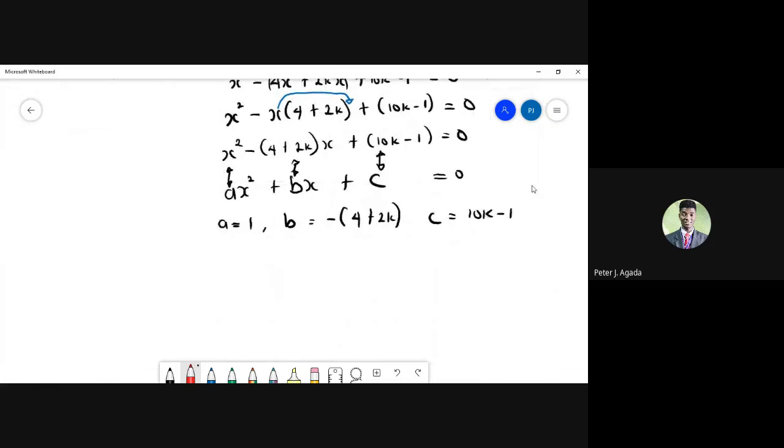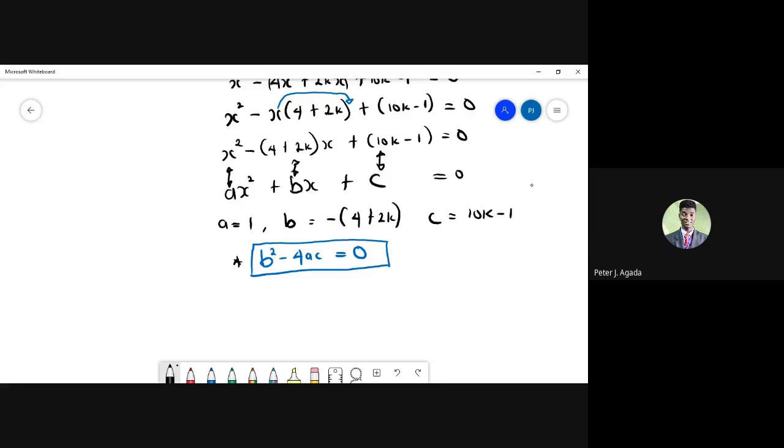So maybe I'll just write it down once more just to make sure that we're all together. My condition once more is b squared minus 4ac is equal to 0. This is what we're going to use to determine the values of k. Next, I'll substitute my a, b, c inside this condition.